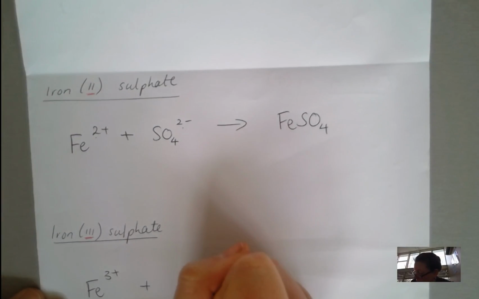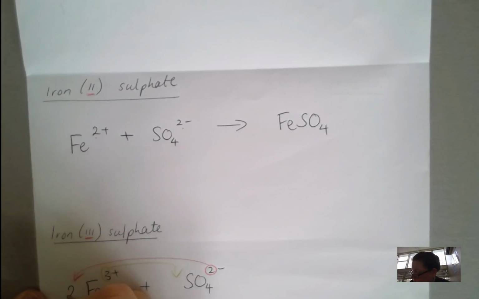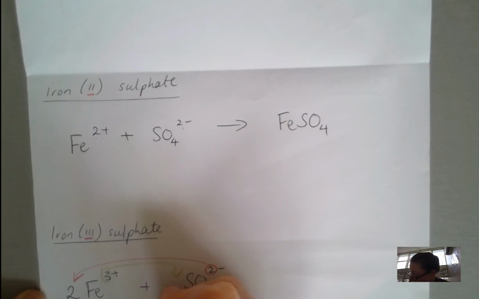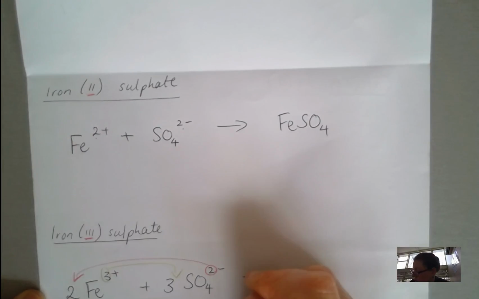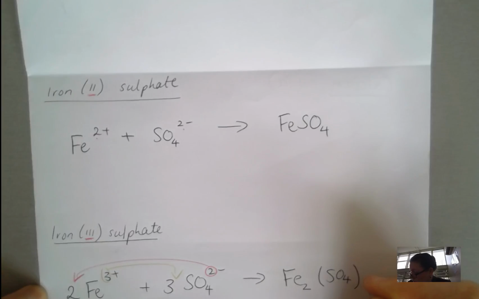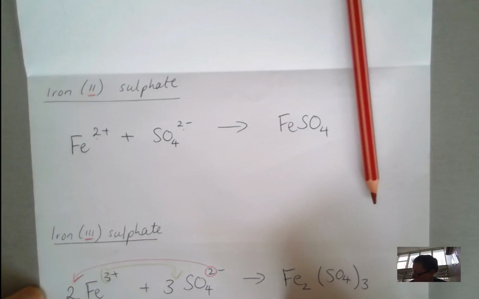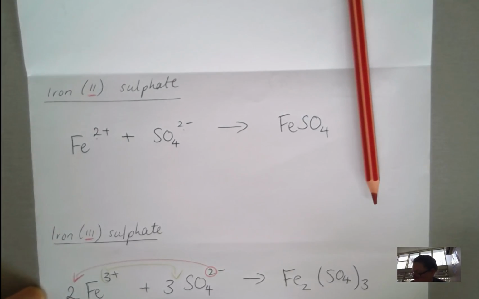This 2 is going to go in front of the iron, and this 3 is going to go in front of the sulfate, so that we end up with Fe3 positive and 3 sulfate, to make Fe2(SO4)3. Now, a common mistake would be forgetting the brackets, because if you write it without them, there's some confusion there.